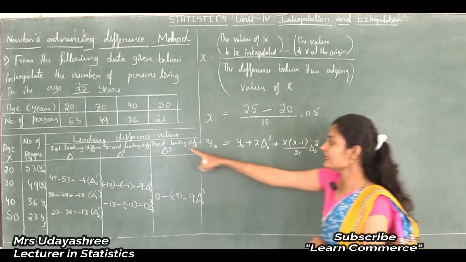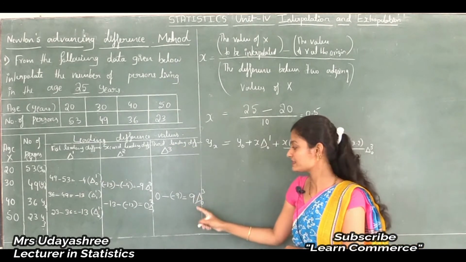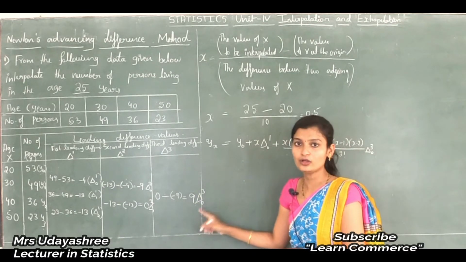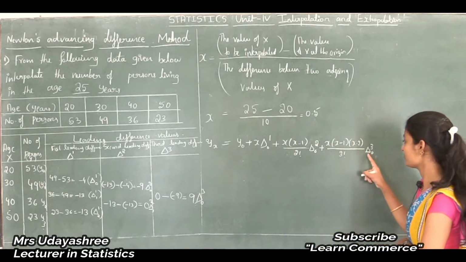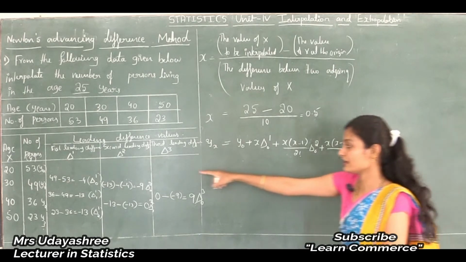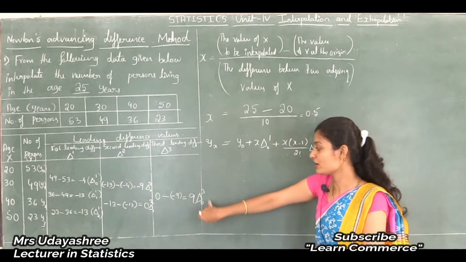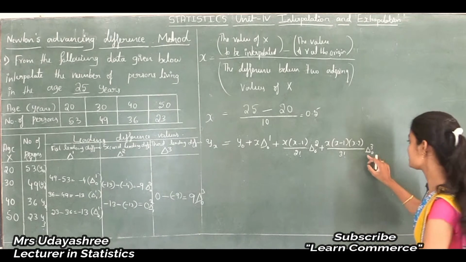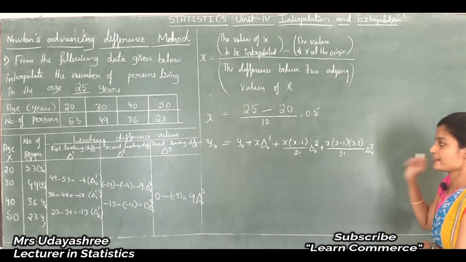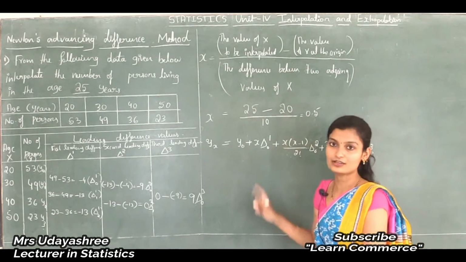Here only the third leading difference column is there, so we got a single value, therefore I will stop here at delta naught 3. Now I will substitute all the values in this formula.